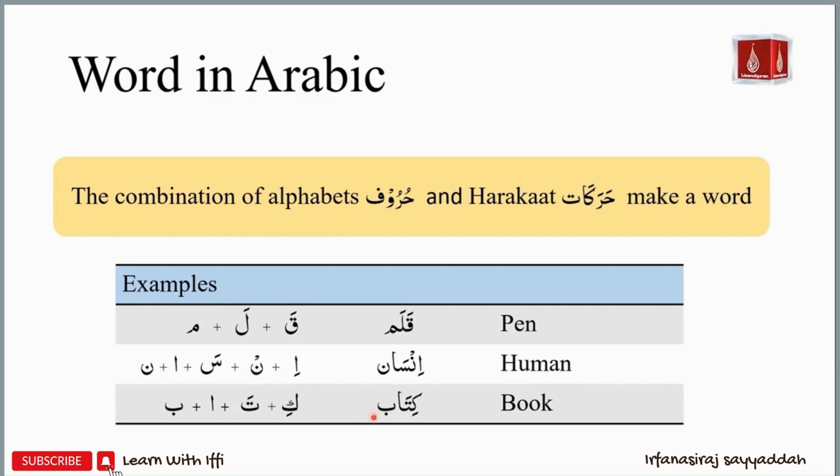The third example is that of the word kitab, which means book. Kitab will have the following huruf: kaf, ta, alif, ba. And there are harakat below kaf, which is zair, on ta, which is zabar, and the combination of huruf and harakat will make the word kitab.